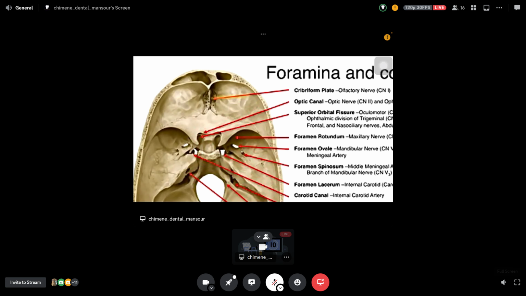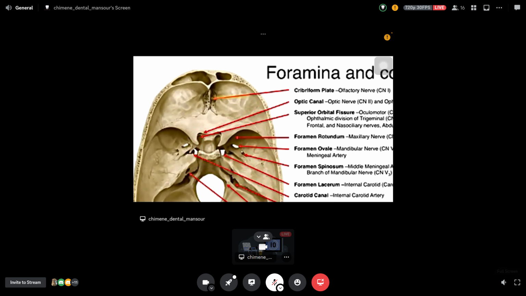Basically, you have the zygomatic process of the temporal bone. Here you can see a kind of tubercle, like a prominence. The AT is the articular tubercle.